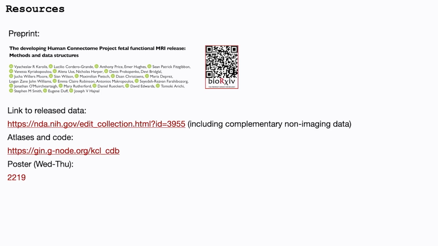And for those who are interested in details, there is a recent, detailed preprint on the methods, as well as a critical evaluation of what we did and short comments on our approach.